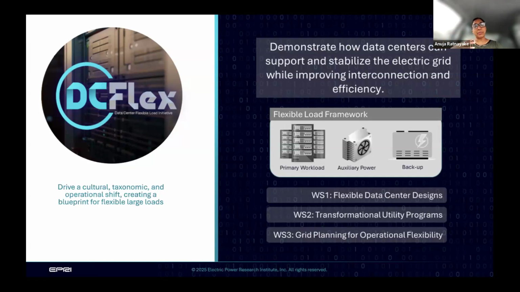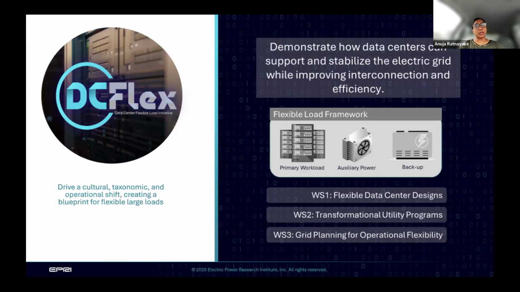With all this in the back of our minds, we've structured the project to have 3 work streams. The first one is really looking at the data center design side. Carsten mentioned some of the reference architecture that they've been working on.